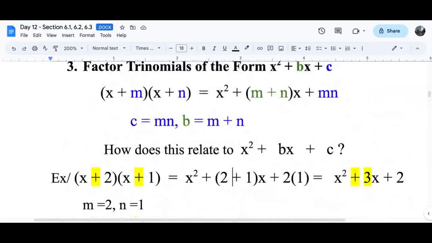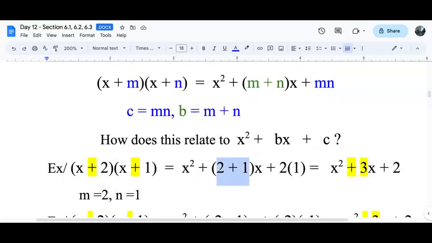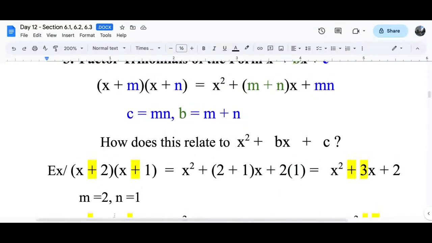That is to say, if we have x plus m, x plus n, the result is x squared plus (m plus n)x plus mn. So this is x squared plus 3x plus 2. In this case, m equals 2 and n equals 1.